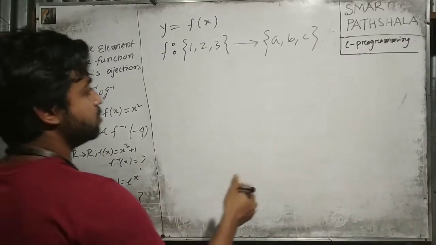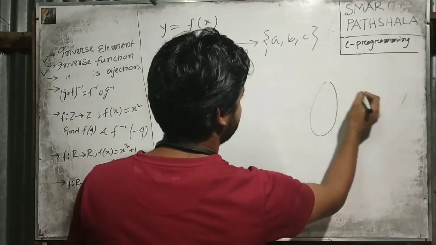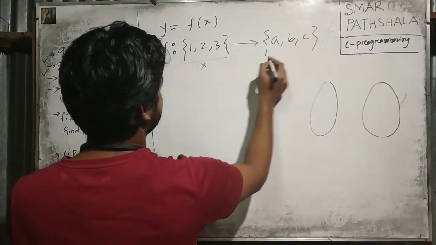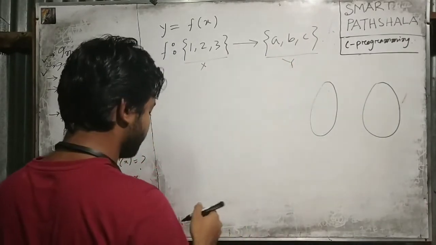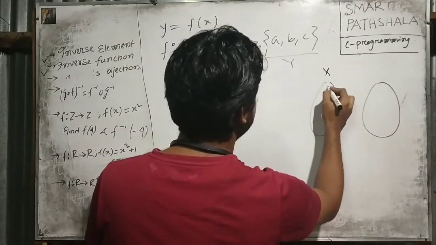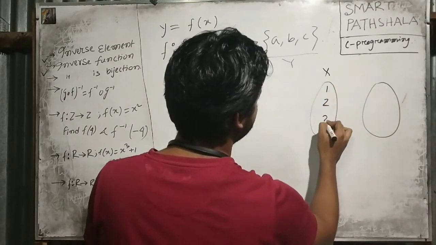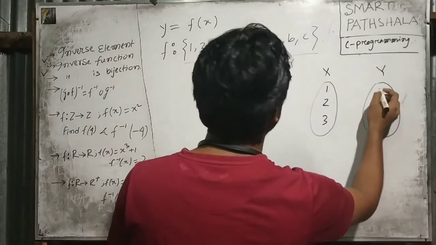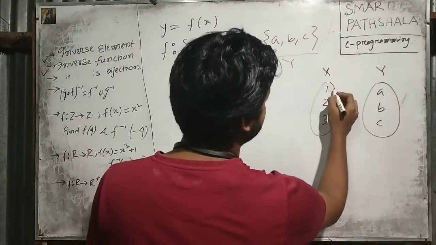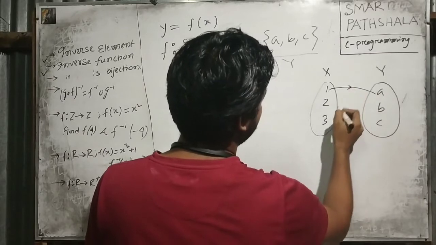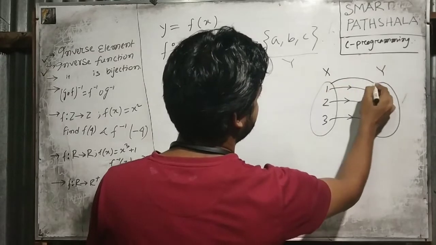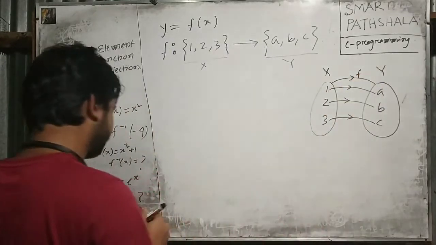Now let's draw a diagram regarding this. Suppose this set we name x and this one y. In the x set we have the elements 1, 2, 3, and in the y set we have the elements A, B, C. Now suppose it maps in such a way that 1 maps to A, 2 maps to B, 3 maps to C. This is the function f.